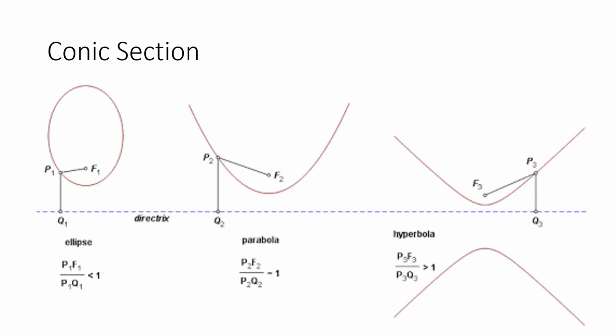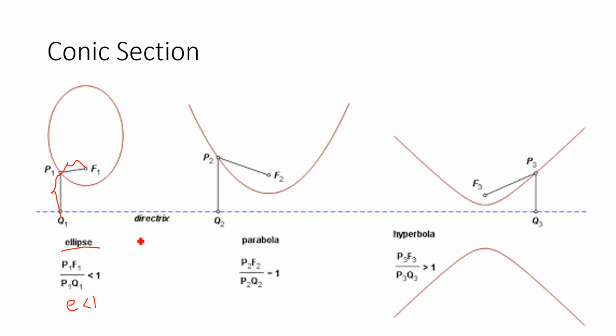Now, if the eccentricity is less than 1, as we can see here, the distance of this line over this one is less than 1. So if the eccentricity is less than 1, then this is an ellipse.